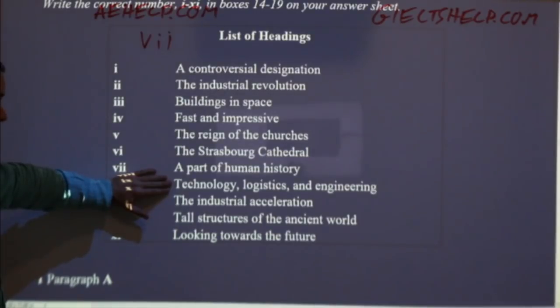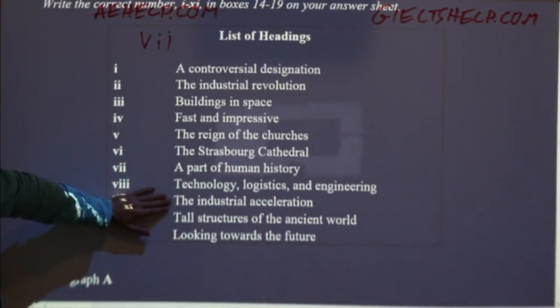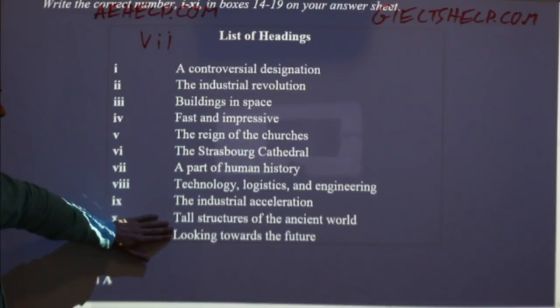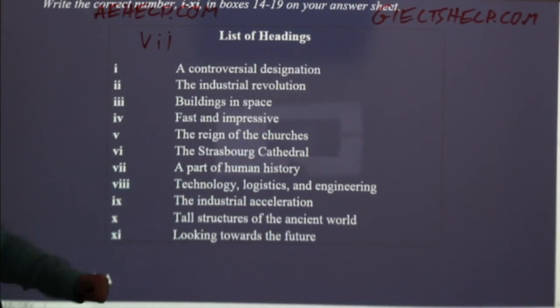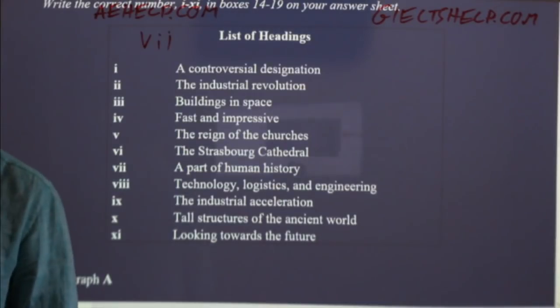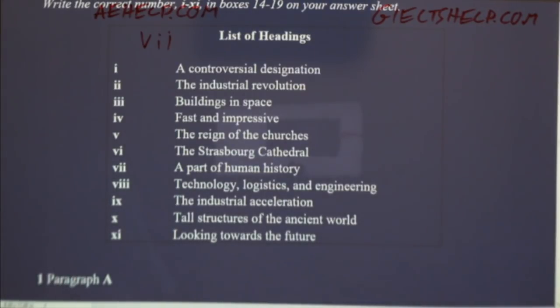Technology, logistics, and engineering, the industrial acceleration, tall structures of the ancient world, looking towards the future. What do you think? What would be the one that you would give for this? Okay, so some of you are saying, I think it's 11. Or some of you are saying, I think it's 9. What about 8?